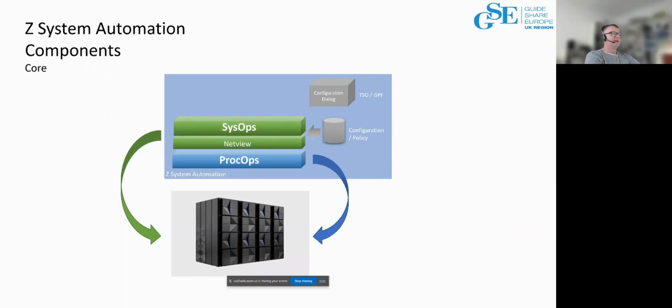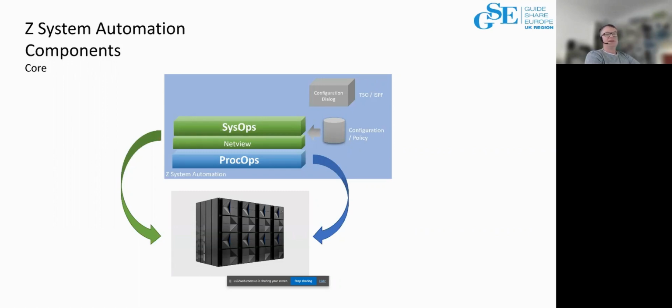This is System Automation, and I want to start from the very beginning here. The core of System Automation is that we are running, as you see here in the green boxes, as a NetView application. NetView is another application which comes bundled together with System Automation.